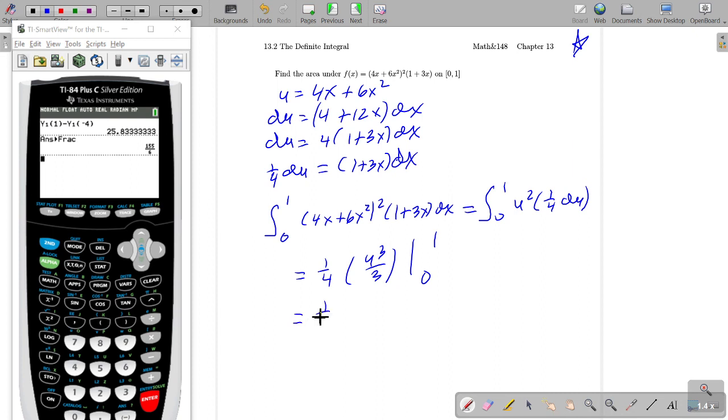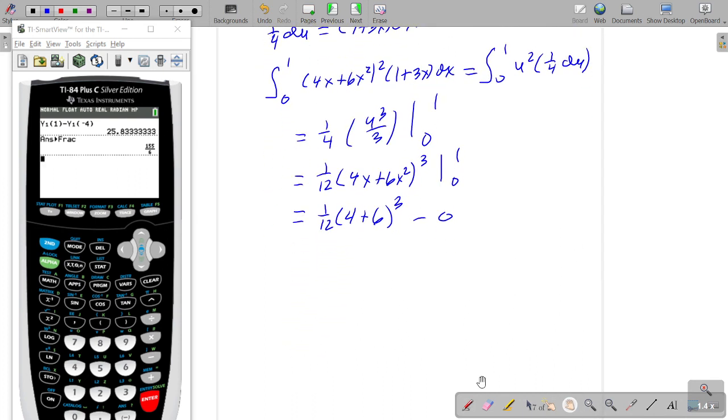So this would be 1/12 times 4x plus 6x squared to the third, evaluated from 0 to 1. So if I put a 1 in, I get 1/12 times 4 plus 6, quantity cubed, minus 0. So that's going to be 10 cubed.